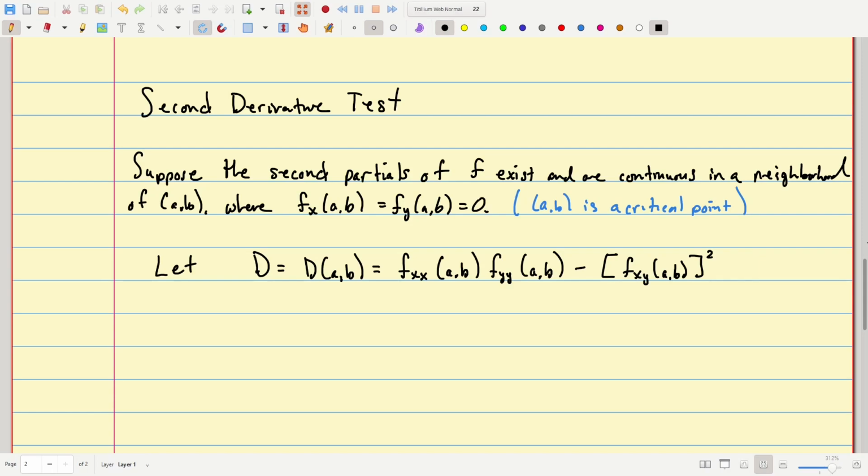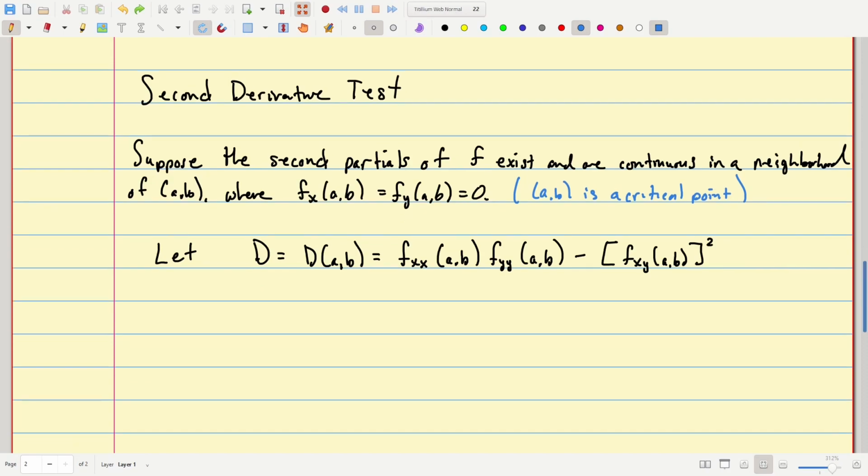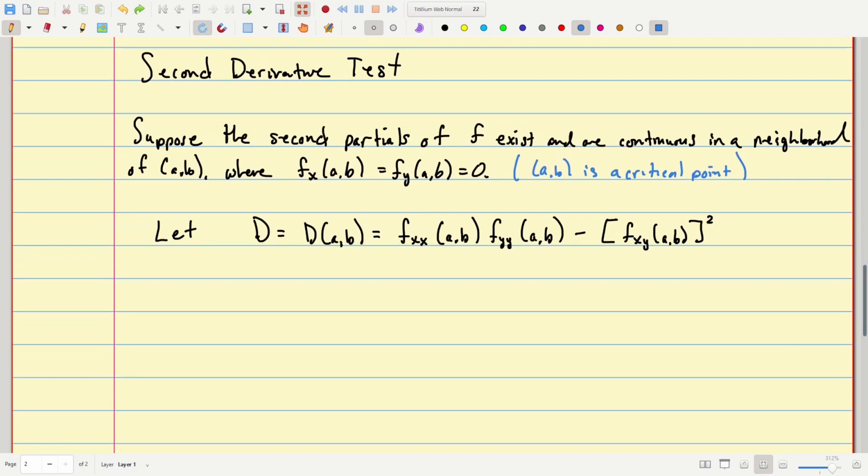This is where I'm defining what the second derivative test is. So this is a definition, technically. All right. So this has a numerical value because I'm plugging in the point (a, b).